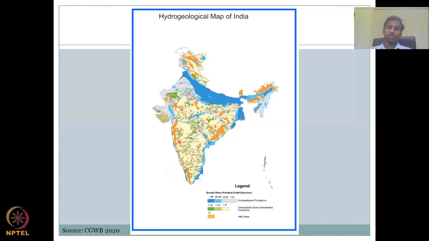Then in central India you have more consolidated or semi-consolidated aquifers, where some rivers are flowing, and the yield is much, much lesser compared to your unconsolidated formations. Then you have hilly areas, almost very negligible water because water doesn't penetrate in.